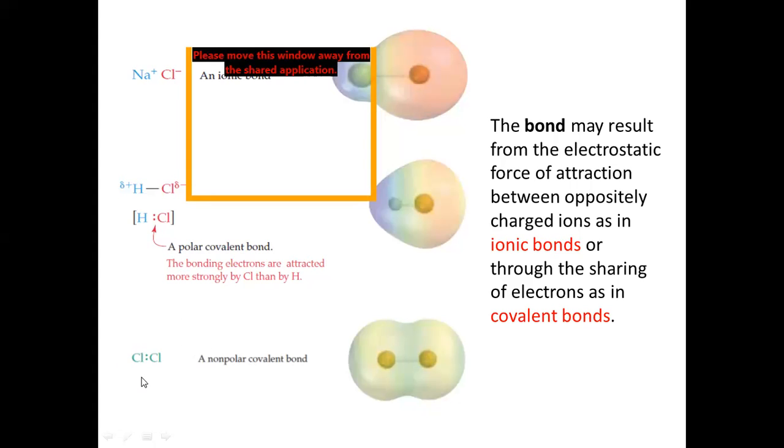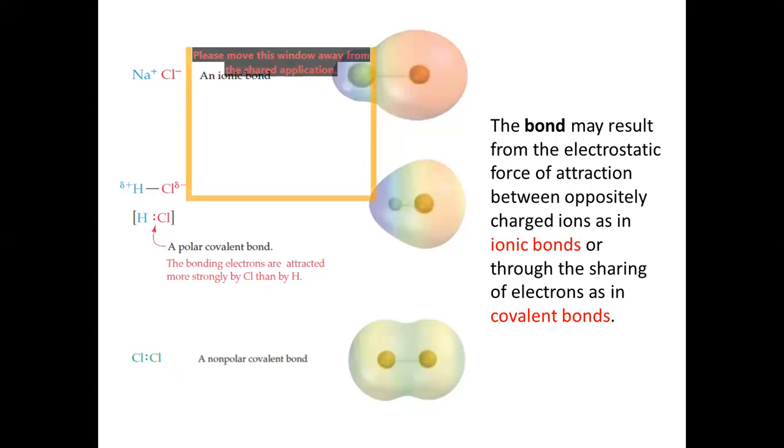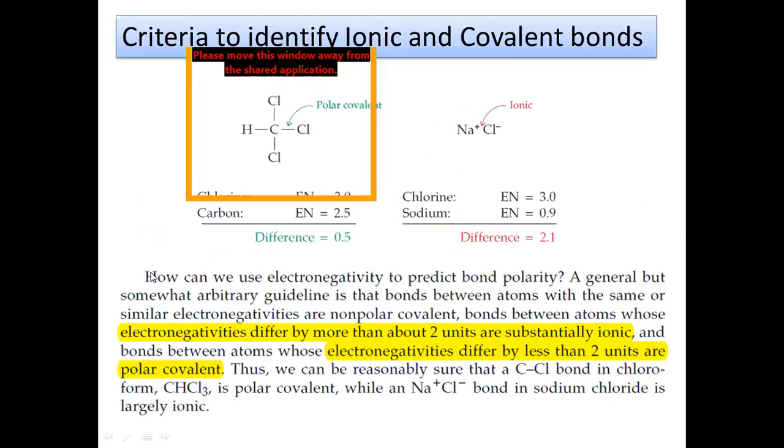And why is it called the non-polar bond? Because there are no partially positive and partially negative charges over here. Both chlorine atoms have the same electronegativity, as we have discussed before. And when there is the same electronegativity, the bond should be non-polar in nature because of not having negative and positive charges. Let's see the detail over here.